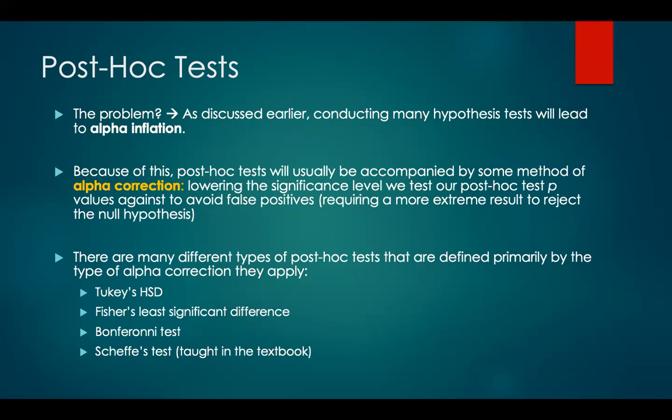There are many kinds of post hoc tests that are defined primarily by the type of alpha correction they apply. Most of these are t-tests. You have Tukey's HSD, or honest significant difference, Fisher's least significant difference, which is ill-advised, the Bonferroni test, and the Scheffé test.